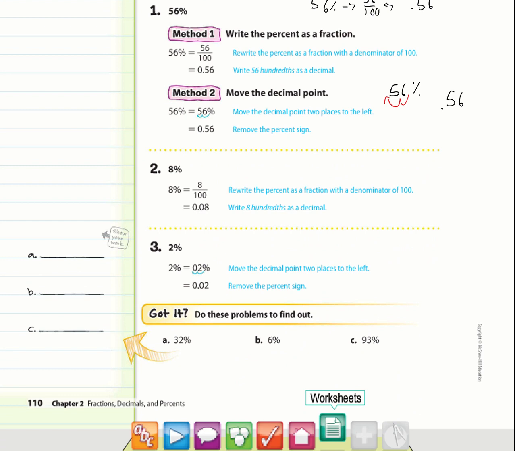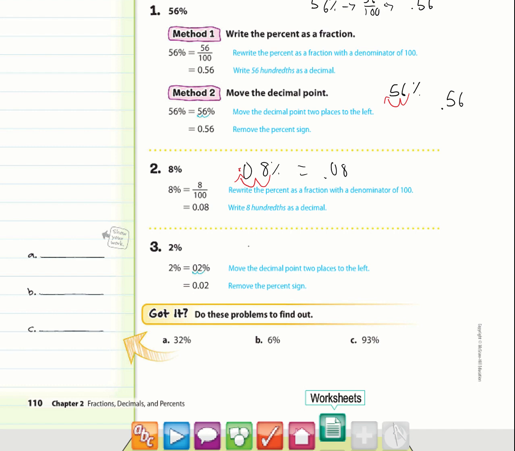So number 2, if I have 8%, and if I move the decimal place twice, 1, 2, we know that if there's a loop with nothing in it, we put a 0. So that equals 8 hundredths.